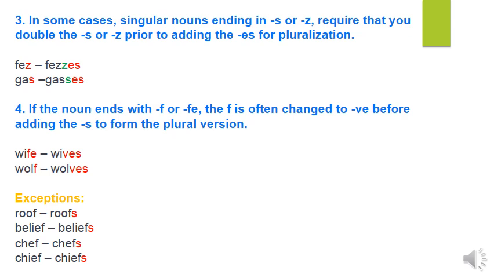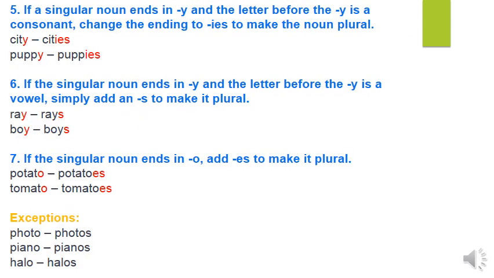We have some exceptions, of course, and I prefer if you memorize them, like roof, roofs, belief, beliefs, chef, chefs, chief, chiefs. So these are special cases. You do not change the f into v, you just add s to the noun.